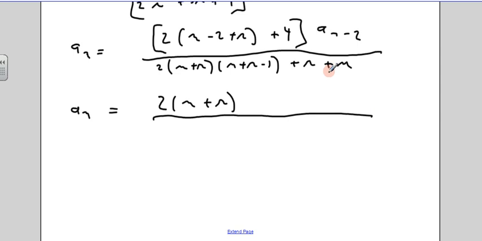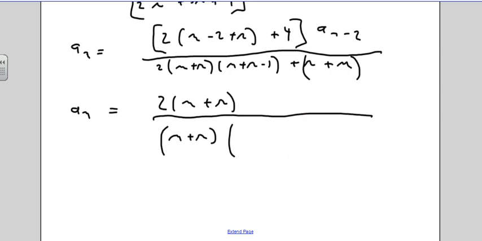On the bottom, I have n plus r times, I have an n plus r here, an n plus r there. I can bring it out.